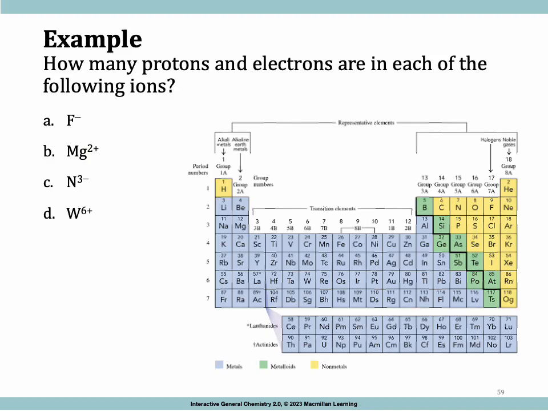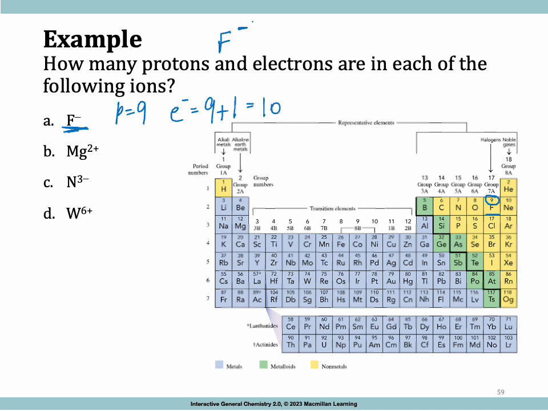Let's try a few more examples. For example, F minus. How many protons and electrons are in each of the following? F minus. F is where? Right here. The number for F is 9, which means protons is 9. Electrons would also be 9 if it was F, but it is F minus, which means it has 1 extra electron.